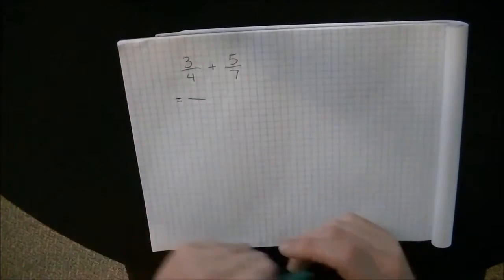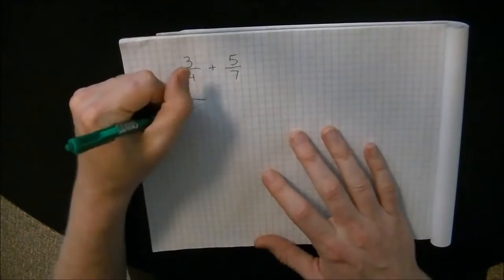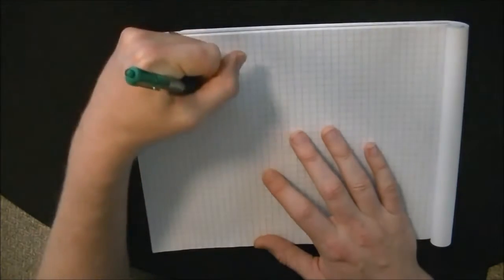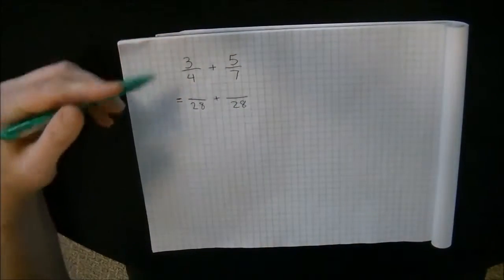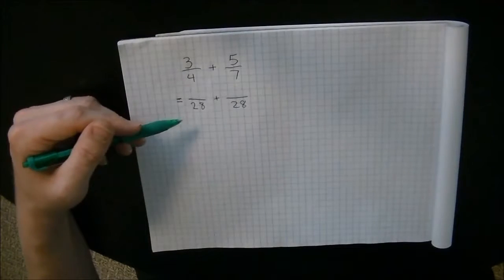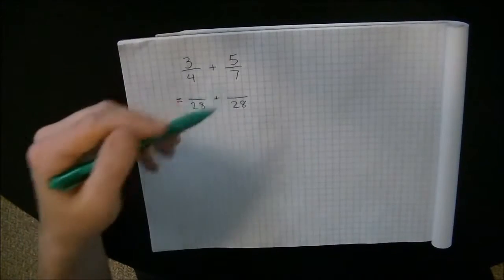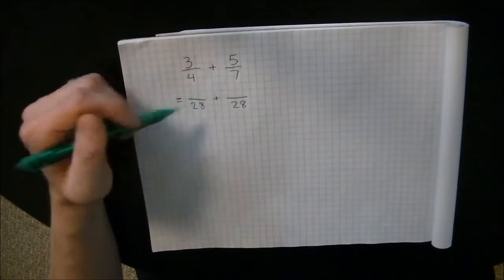So 28, 4 goes into 28 and 7 goes into 28. So that means that 28 can act as a common denominator. There is some fraction that is equivalent to 3/4 that has 28 as its denominator. And there's some other fraction that has 28 as a denominator that's equivalent to 5/7.